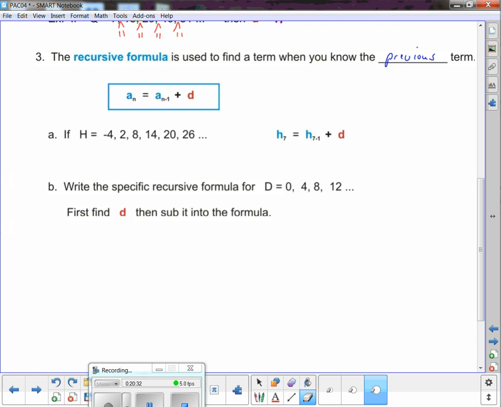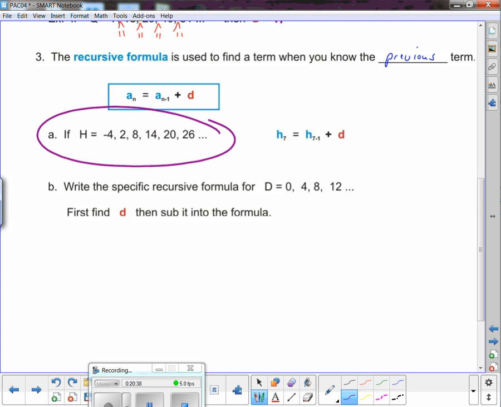Okay, so here we've got an example. Here's a sequence right here, sequence H. And it's -4. Oh, there you go, Raph. Look at that one starting negative, right? -4, 2, 8, 14, 20, 26, dots. All right, so we got a sequence, and we want to find the seventh term. 1, 2, 3, 4, 5, and there are 6 listed there.